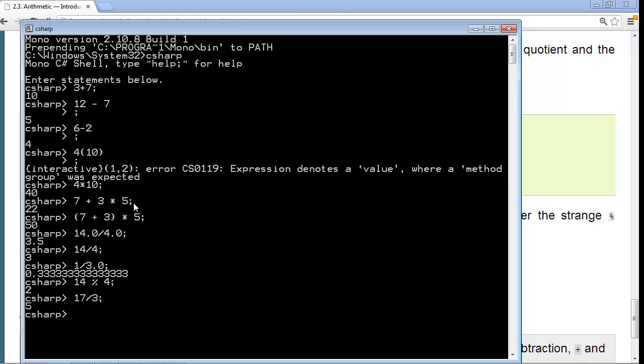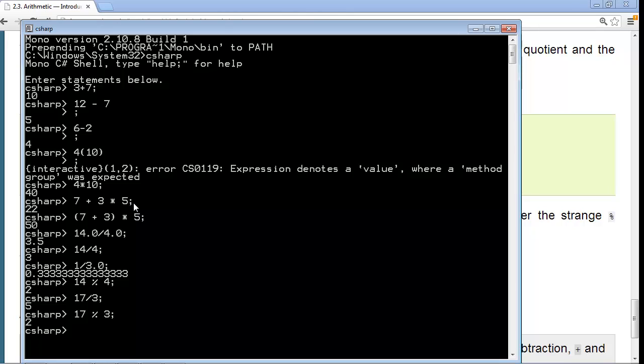What's the integer part? 5. By the way, if you want the remainder, we can use the percent sign, and you would get 5 with a remainder of 2.